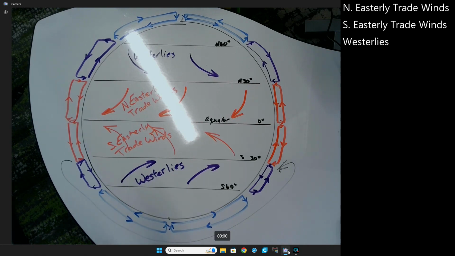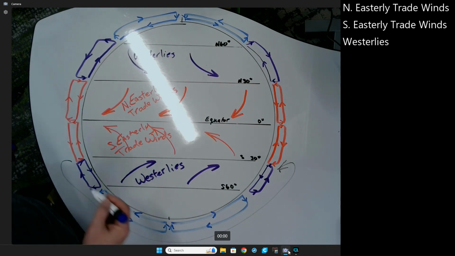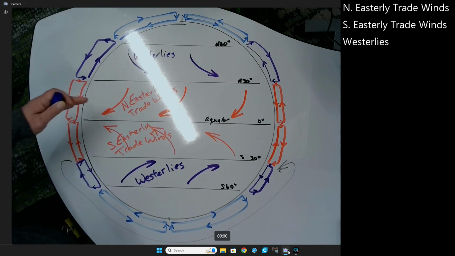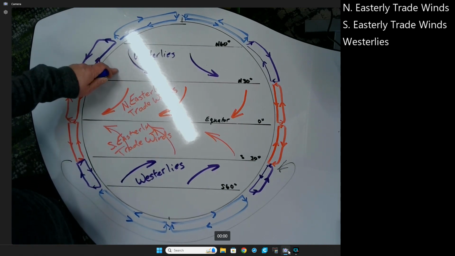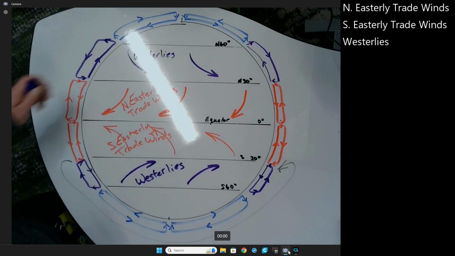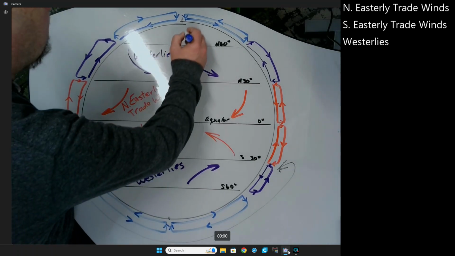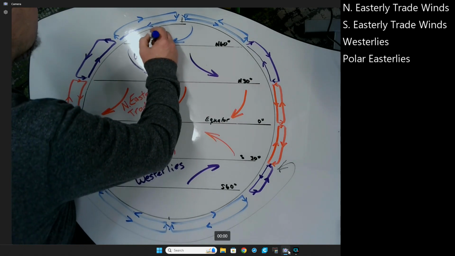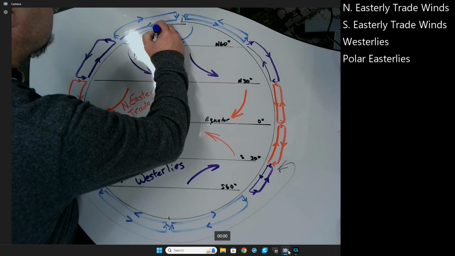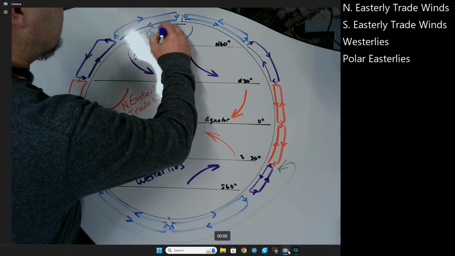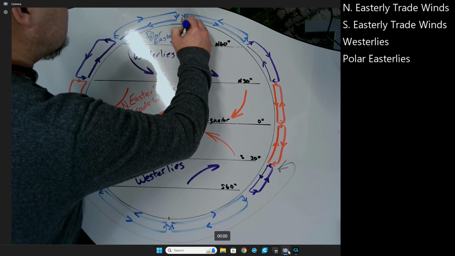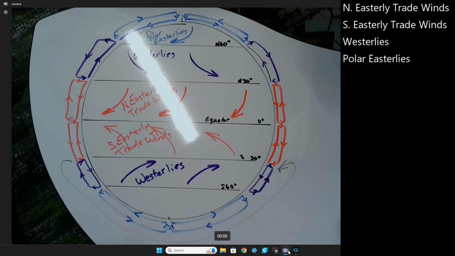And then the next set of winds that you're going to add in here will be the polar winds. Before I say the direction, let's look at the pattern. You've got easterlies, westerlies. What do you think these are going to be? These will be the polar easterlies.